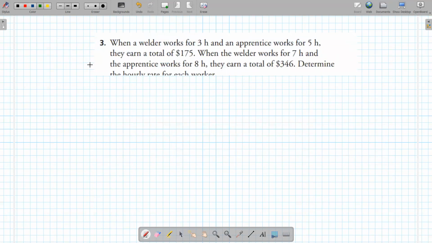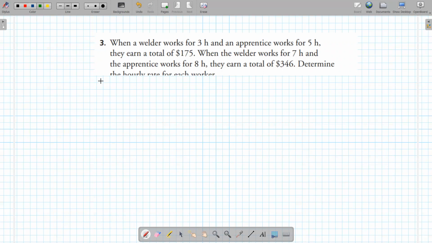It says determine the hourly work rate for each worker. What's our x and y? So again, it's going to be important, right?